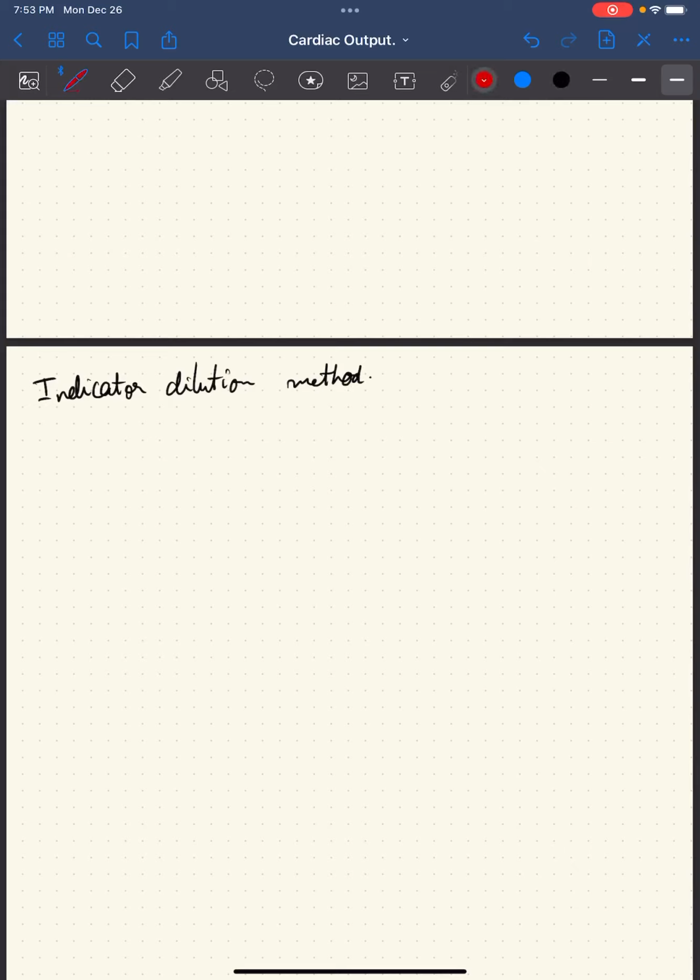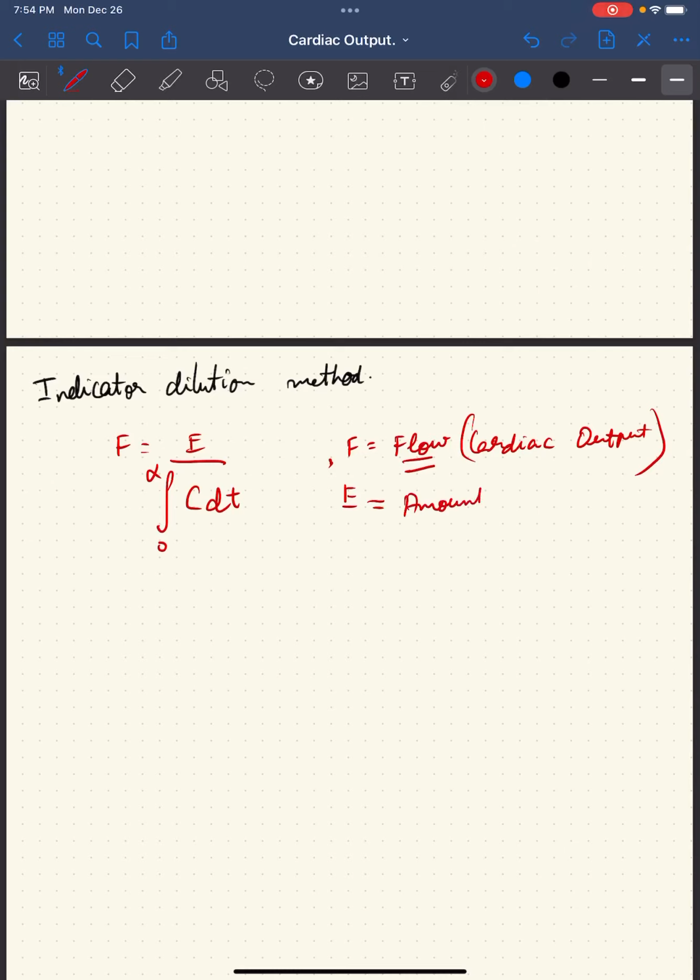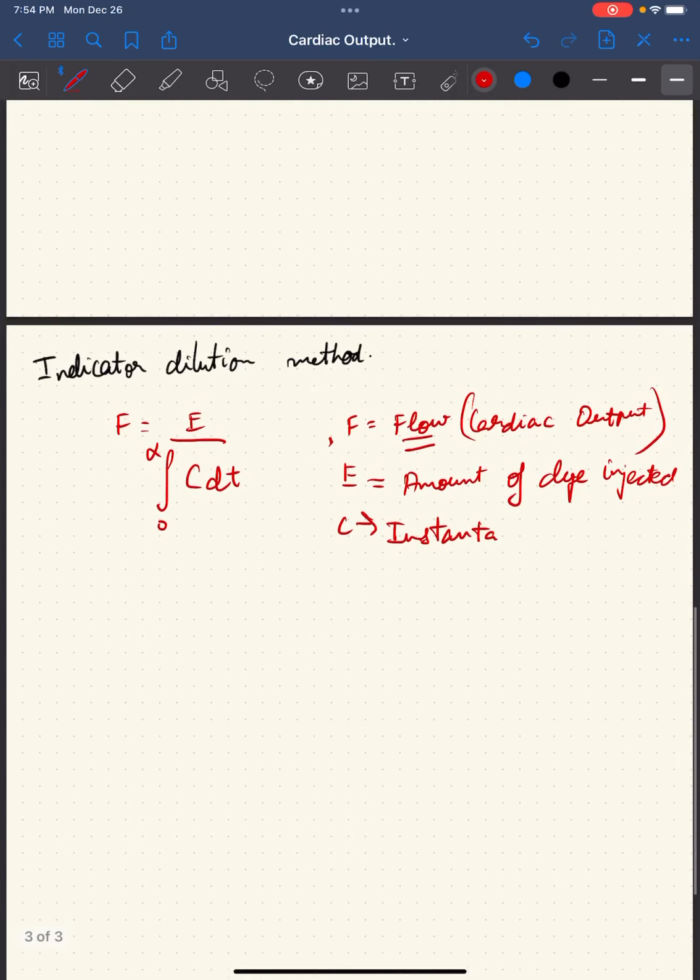What this states is F equals E upon integral 0 to infinity C dt, where F is the flow, or basically cardiac output, E is the amount of dye injected, and C is the instantaneous concentration of indicator in the arterial blood.